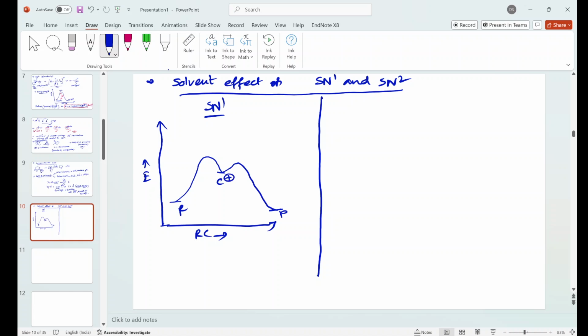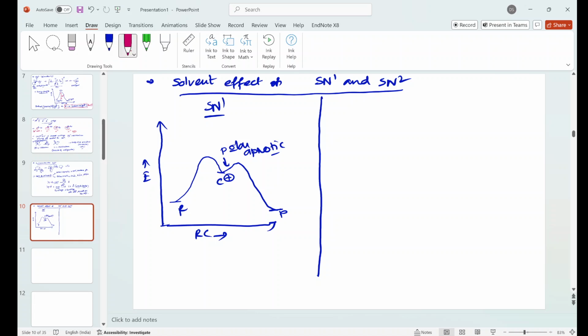Now this is the case for polar aprotic, where they have no extra stabilization of the carbocation.